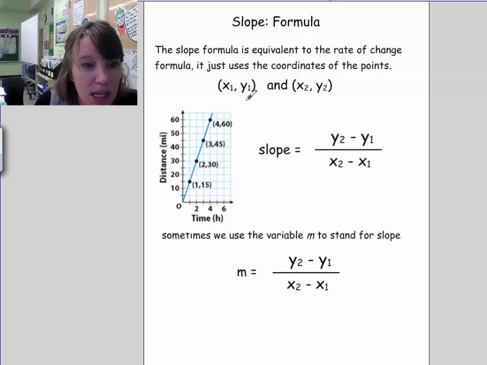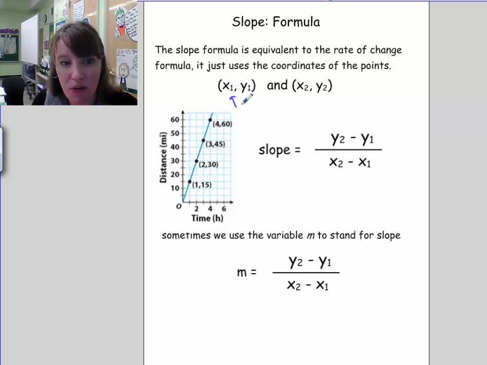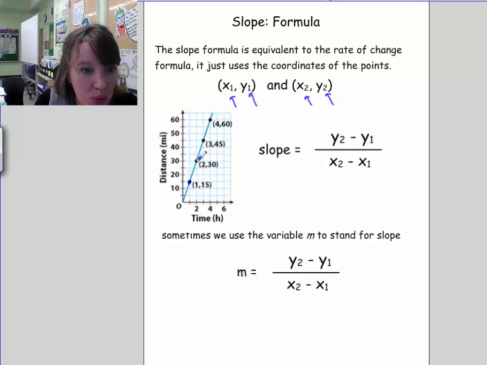So this little subscript, that's called a subscript, indicates that this is the x coordinate of the first point. This is the y coordinate of the first point. This is the x coordinate of the second point, and the y coordinate of the second point. Okay, so here, if we take 2 points, we could consider this x1 right here and this x2, and this y1 here and y2.